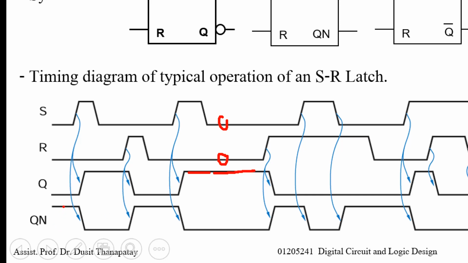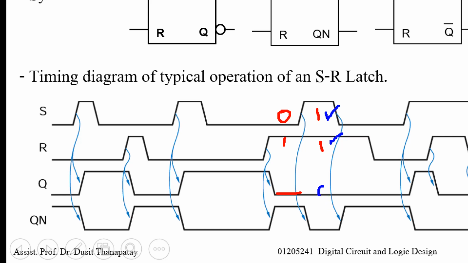Note, until now, I consider the value of Q, right? For Qn, here is opposite to Q. Okay, and now S is 0, R is 1, reset. Okay, Q is forced to be 0. At this point, S is 1, R is 1. Okay, 1, 1.